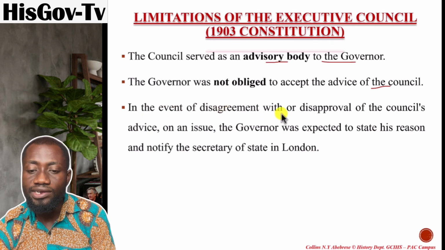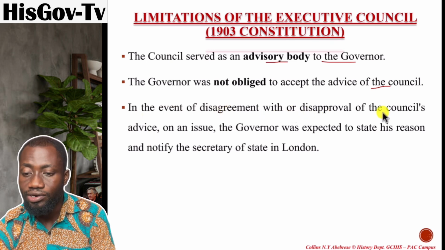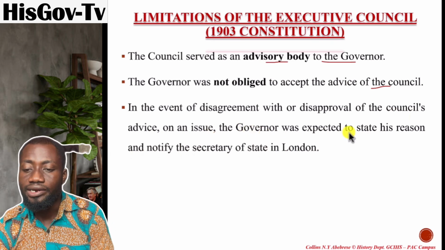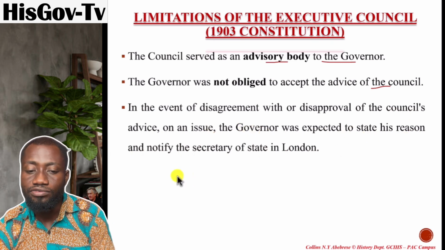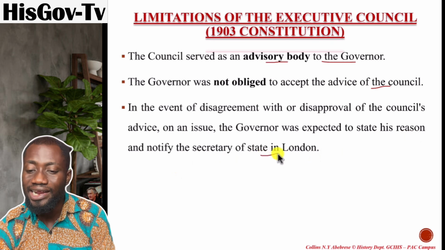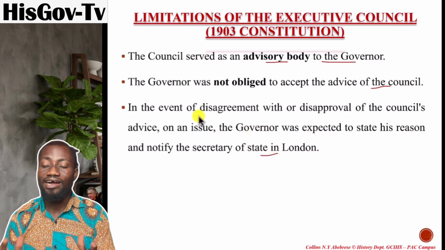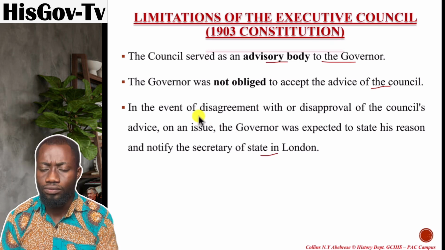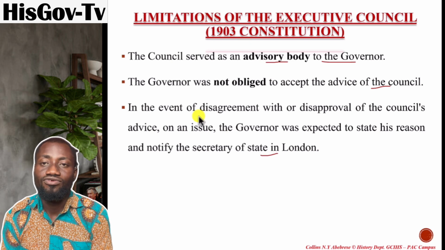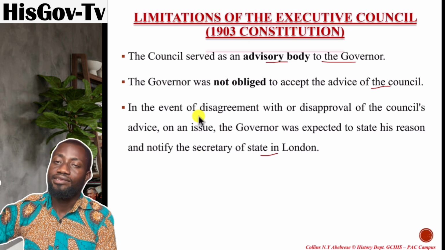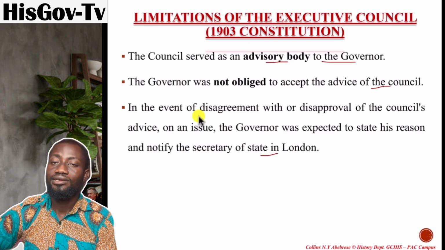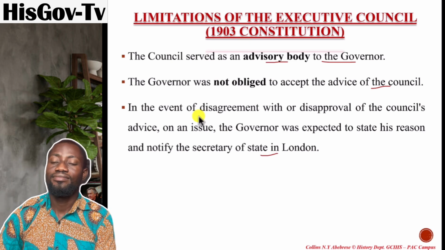In the event of disagreement or disapproval of the council's advice on an issue, the governor was expected to state his reason and notify the Secretary of State in London. So if the governor was not in support of any issue, all he had to do was report to the Secretary of State for the colonies in the UK.